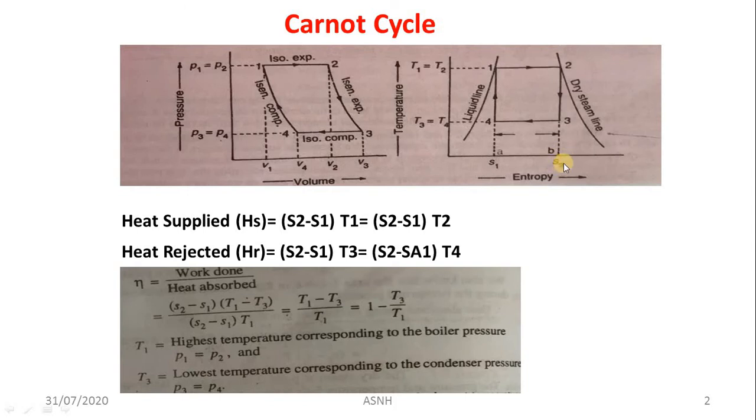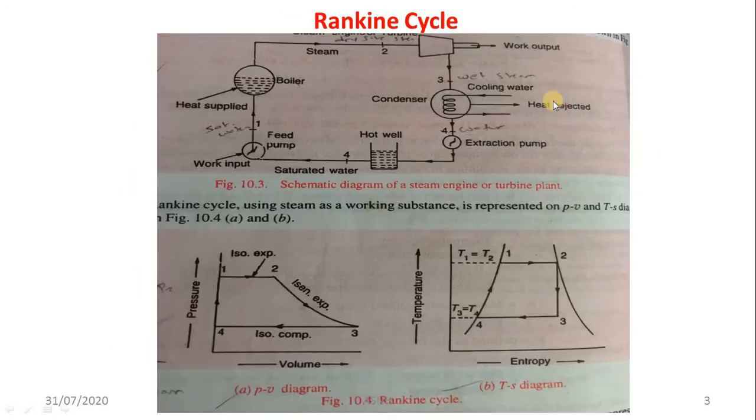Similarly, 3-4 is the isothermal heat rejection process. Process 4-1 is the isentropic compression process where entropy remains constant. You can write S1 is equal to S4. The vertical lines indicate that entropy remains constant in an isentropic process.